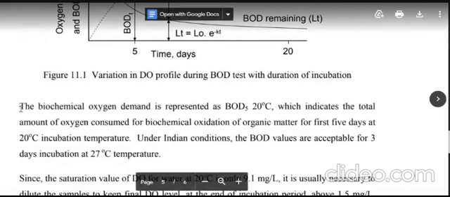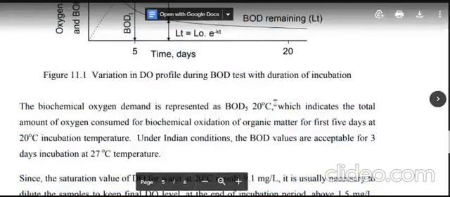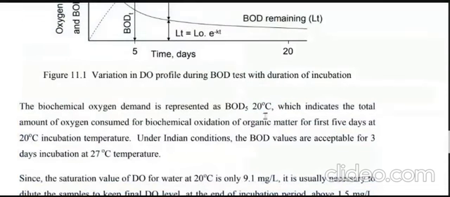It is mentioned that the biochemical oxygen demand is represented by BOD5. What is this BOD5? BOD is the biochemical oxygen demand, and this 5 means a time. Timing we always mention in terms of days, and that is the 5, at 20 degrees Celsius.